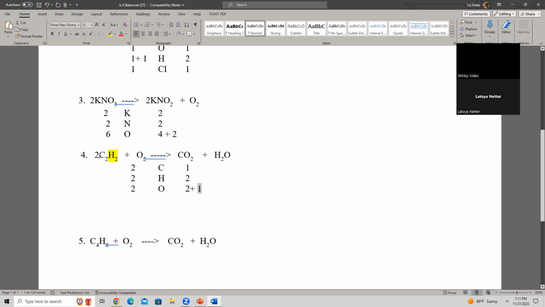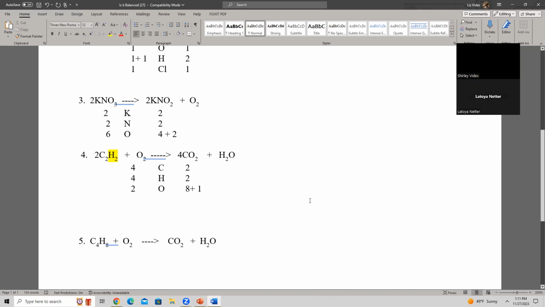Okay, so if you put a 2 there, that changes this to 4, yes? And this to 4 so far, right? Okay, so we know we're going to need a 4 in front of that one, and that changes to 4, and this right here changes to 8, yes?